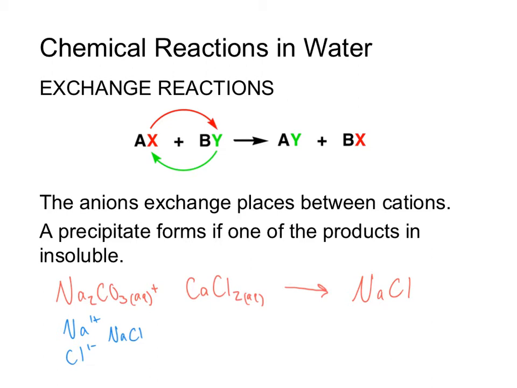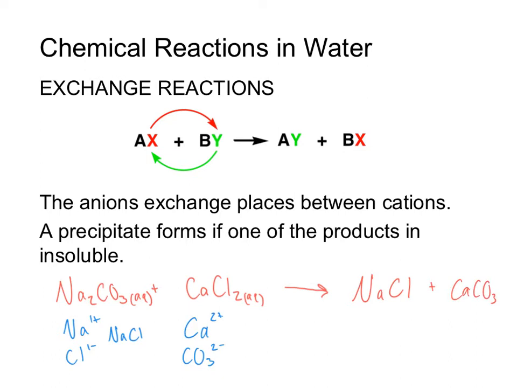Likewise, Ca is now going to get together with the anion CO3, and we know that Ca has a 2 plus charge, CO3 has a 2 minus charge, and so our product is CaCO3.